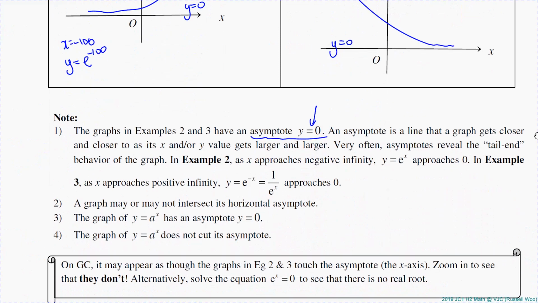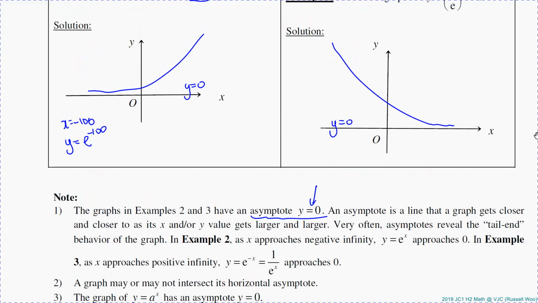An asymptote is a line where the graph gets closer and closer as the x or the y values get larger and larger. It actually means the tail end behavior. This graph gets closer and closer to y equals to 0 without actually touching it. It will never touch it.